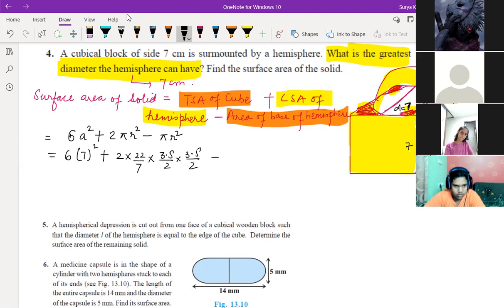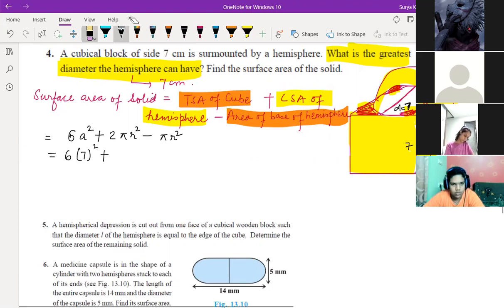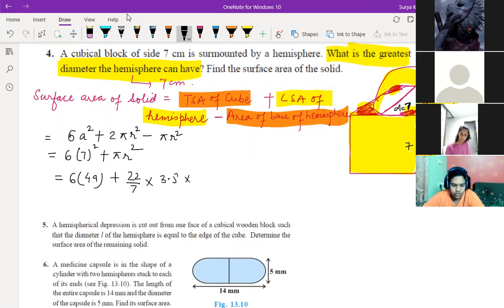Or better, no need to do this much. 2 pi r square minus pi r square is pi r square only. So you can write here 6 into 49 plus 22 by 7 into radius, that is 3.5 into 3.5. So this got cancelled. 7 5s are 35.